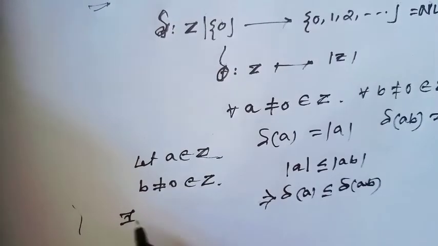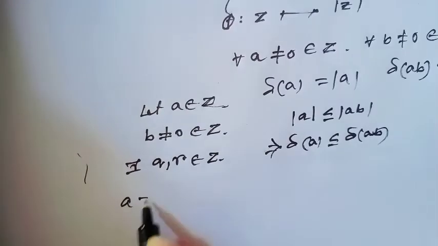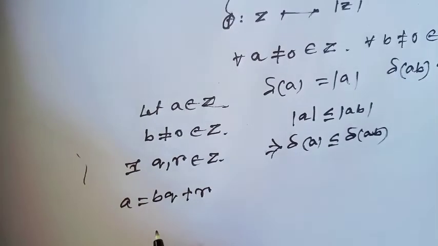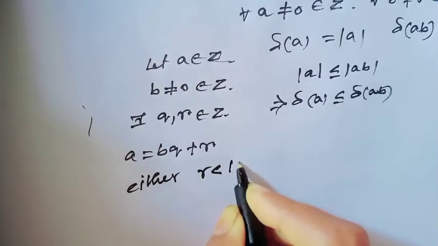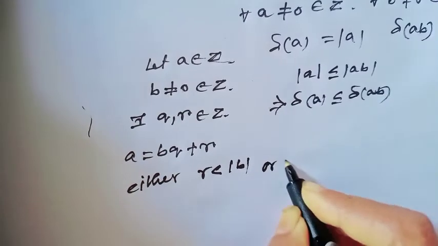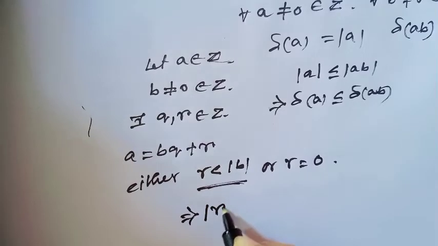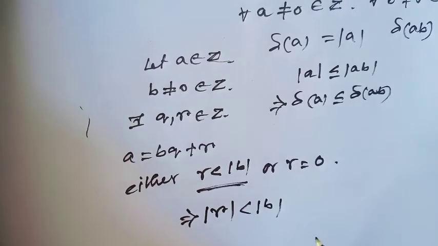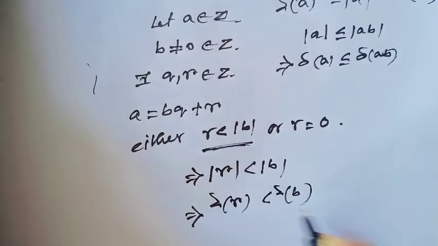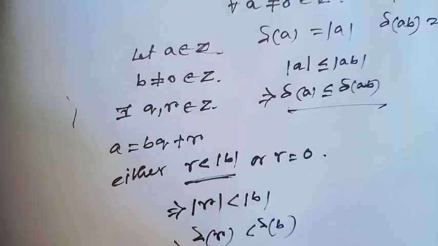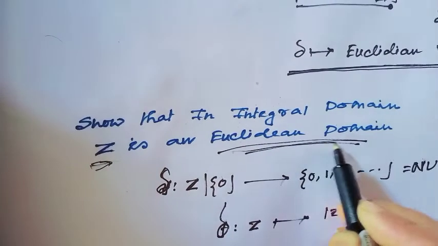Then by the division algorithm there obviously exist q and r in Z such that a equals bq plus r, where either r is less than the absolute value of b or the remainder is 0. From this we can easily tell that mod r is less than mod b. Therefore delta r is less than delta b. Therefore all conditions of a Euclidean domain are satisfied here. That means the integral domain, the set of integers, is a Euclidean domain.